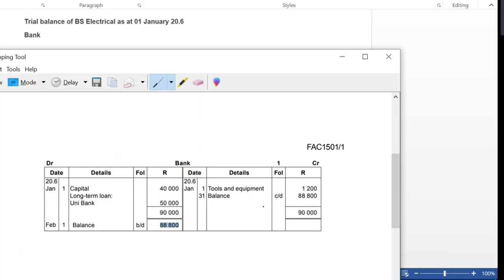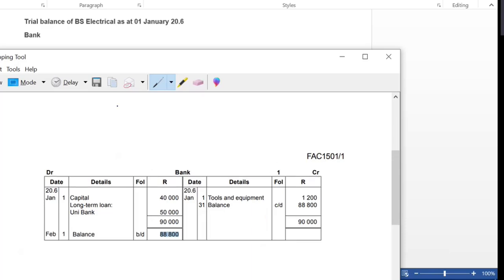Basically, when you balance a general ledger, you need to be looking at the bigger side. So when you look at this account, 40,000 came in as a contribution, and then there was 50,000 like a loan that was taken, and the total was 90,000. Tools and equipment was bought by cheque for 1,200.